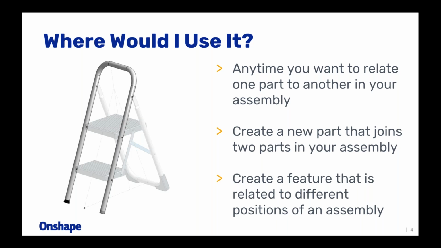The other example I would give is if you want to create a new part that joins two parts in your assembly. You can see the screenshot on the left there of the steps tool where I have those link arms that join the steps and the frame of everything together. Those link arms would be a great example of something designed in context because you don't know the distance between the points and so on.